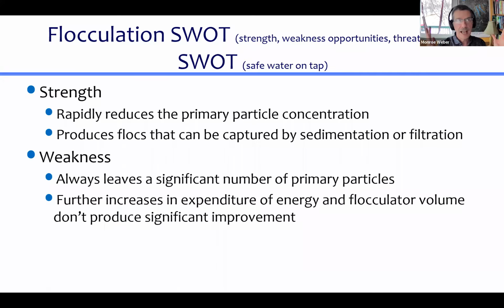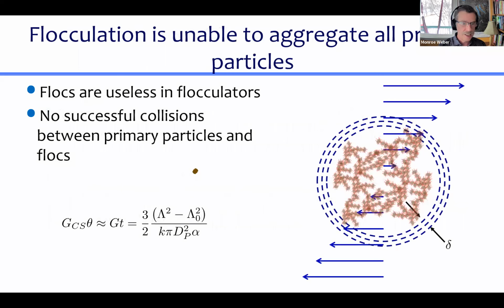If you start out with 1,000 NTU water, really, really turbid chocolate milk, the concentration of unflocculated particles reduces super fast initially, but then it slowly goes to a crawl as the concentration keeps on dropping. So that's the weakness of flocculation, and hence we're going to try to solve that in the next step.